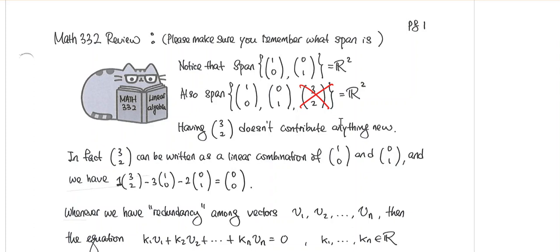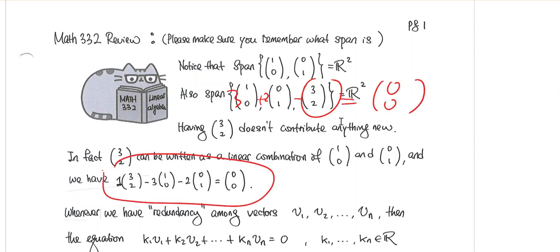So the concept of redundancy is that, hey, if some vector can be written as a linear combination of the other two, like for example right here, you can see (3, 2) is 3 of this and 2 of this. So 3 of this plus 2 of this minus this will actually give you the zero vector. And from here we can define the concept of redundancy.